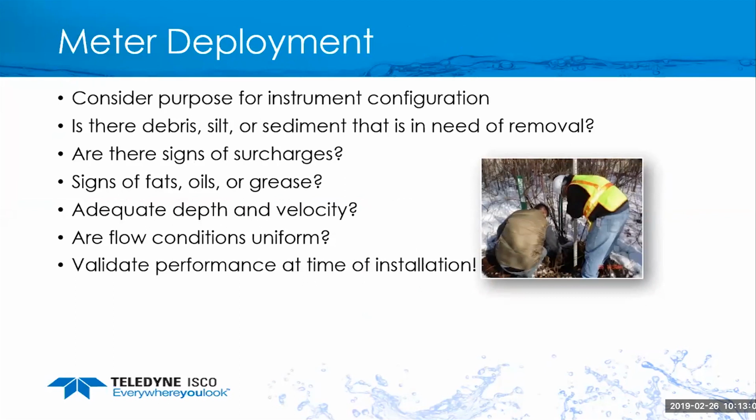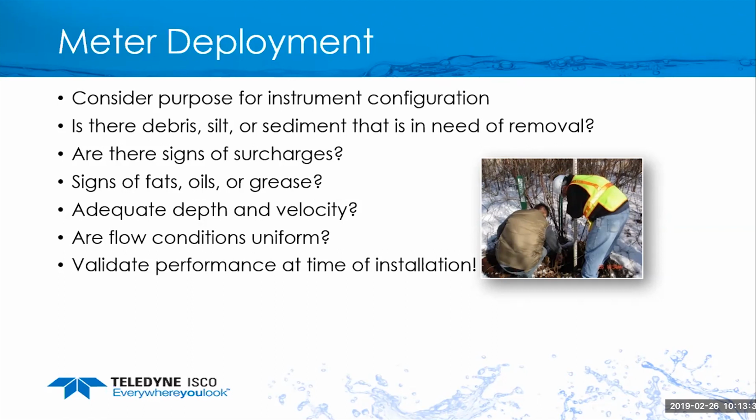So a couple things to consider during your meter deployment. When you look at the sites, determine if there's silt or debris or sediment that needs to be removed in the bottom of the channel, because if you don't remove it, that could interfere with your flow readings. Also note if there's signs of surcharges. That would indicate water or debris on the sides of the walls or ladders.